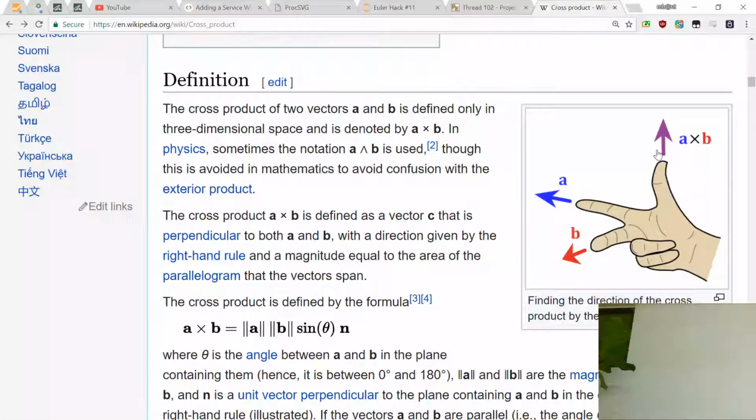So it must point to the other side of the plane. So what they compute is whether this point is to the left or to the right of some vector. And they do it for all three vectors. And if it's always the same side, then yes.